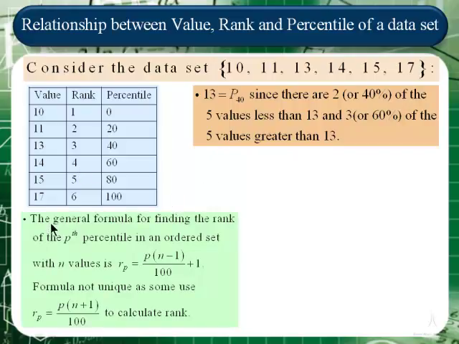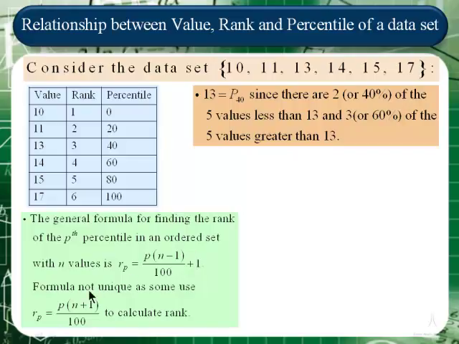How do we find the rank? Now, the general formula for finding the rank of the pth percentile in an ordered set with n values can be expressed in this way. R of p, the rank of percentile p, is the value of the percentile multiplied by a number that is 1 less than the sample size, divided by 100, plus 1.